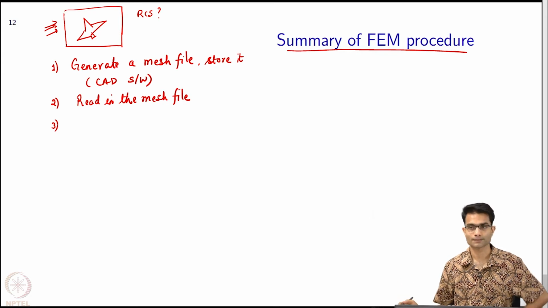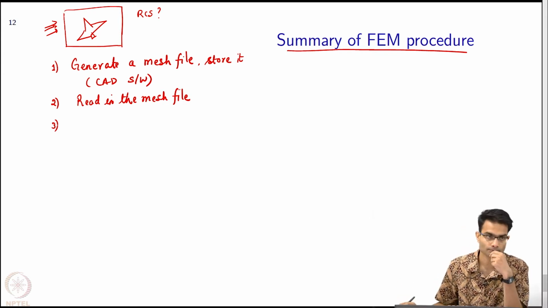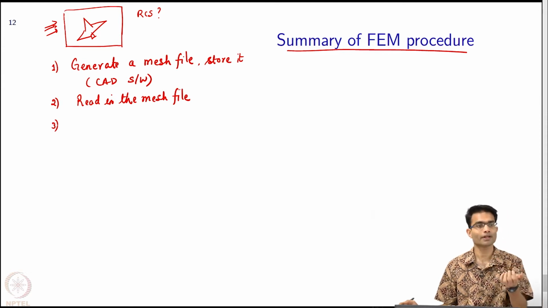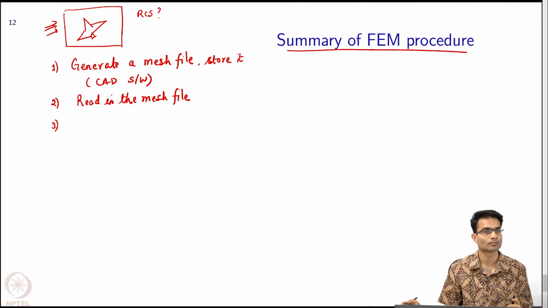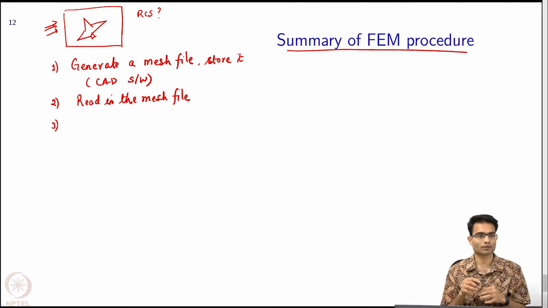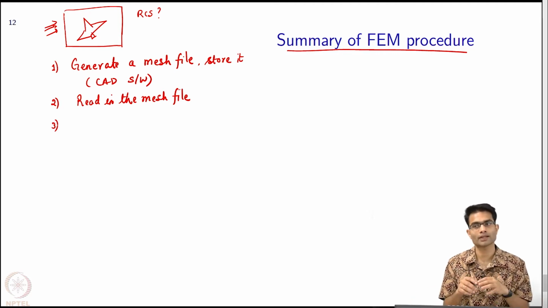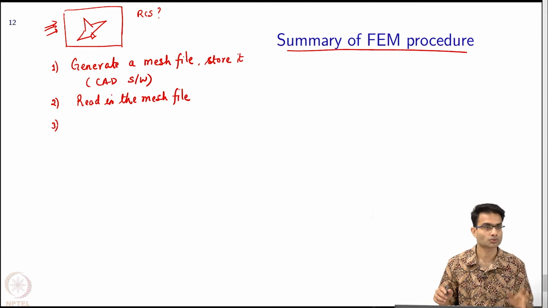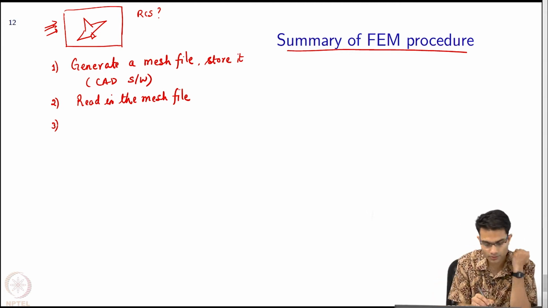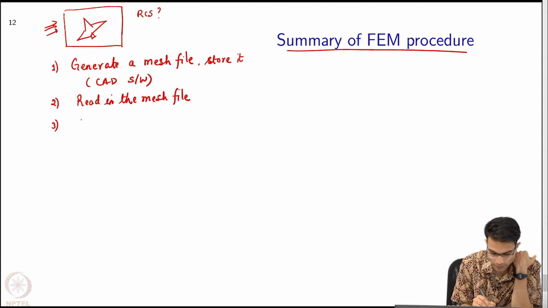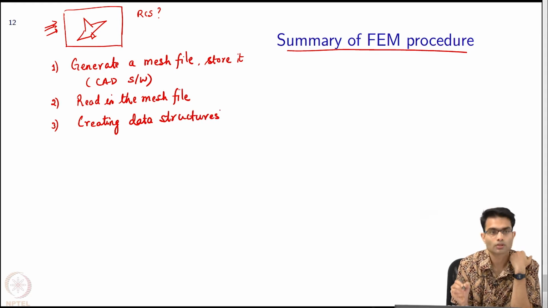What would you do next? Once I have read in these things, what do I read it into? Now you make the T1, T2. Before I make the coupling coefficients, I need to create efficient data structures to store all of these elements. So, this is creating the data structures that store the mapping.